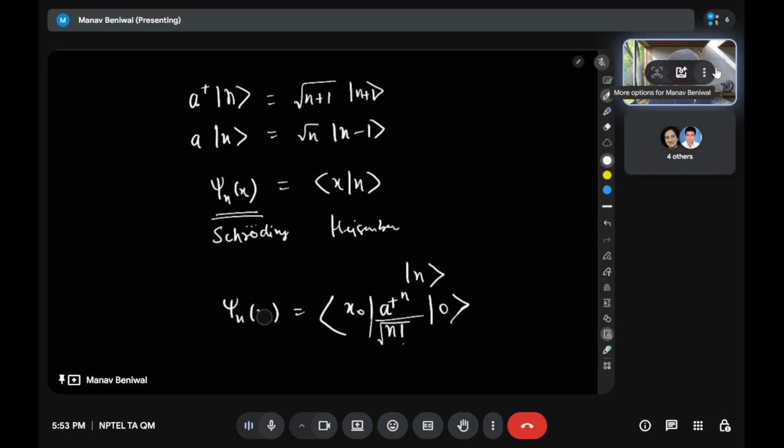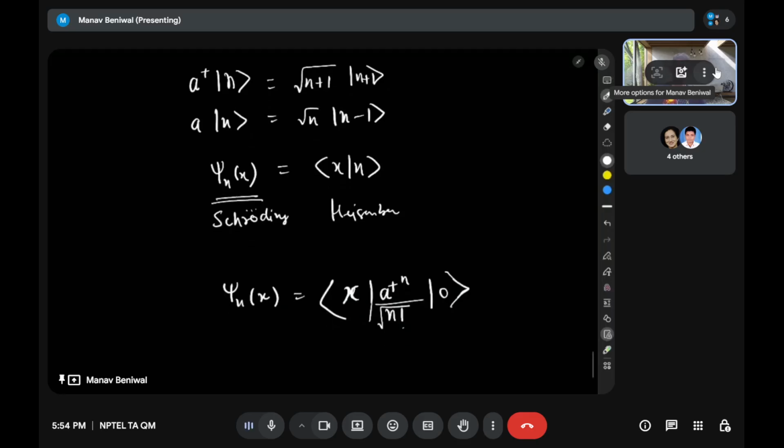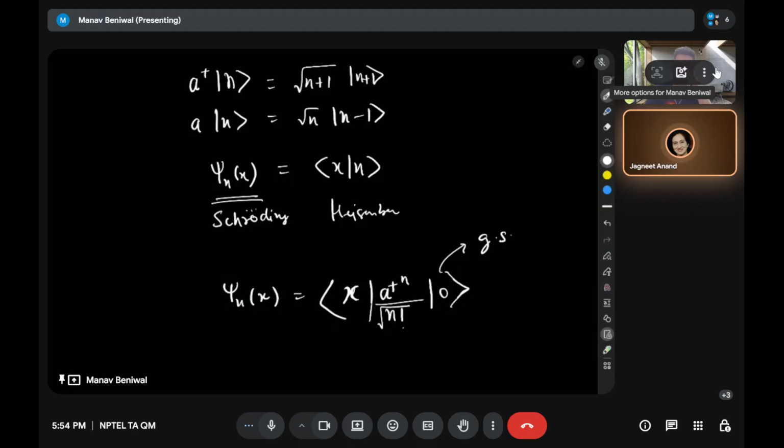I think it should be just x here, I don't know why there would be some x0. Okay, but then how do we get the ket 0? In this nth state, ket 0 basically means the ground state. Then you operate it n times and then you get the nth state.